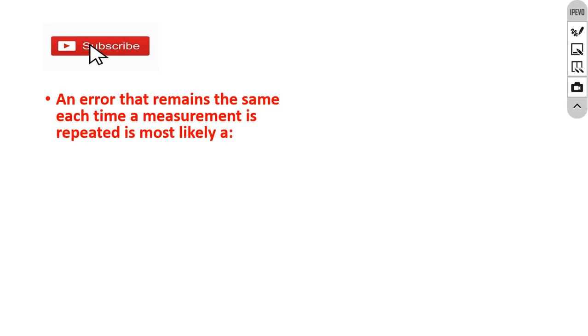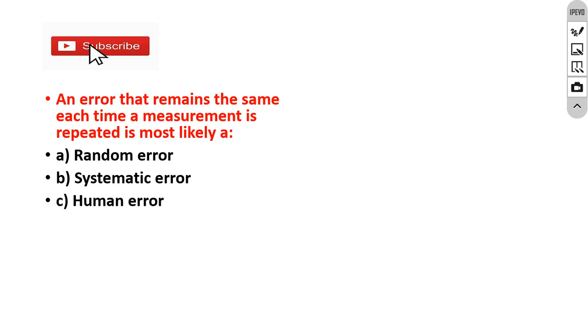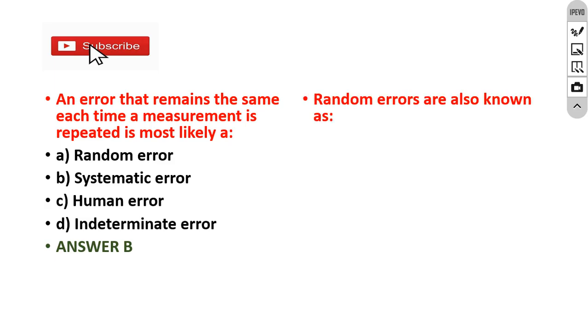An error that remains the same each time a measurement is repeated is most likely: random error, systematic error, human error, indeterminate error. The correct option is B, systematic error. So an error that remains the same each time a measurement is repeated is most likely a systematic error.